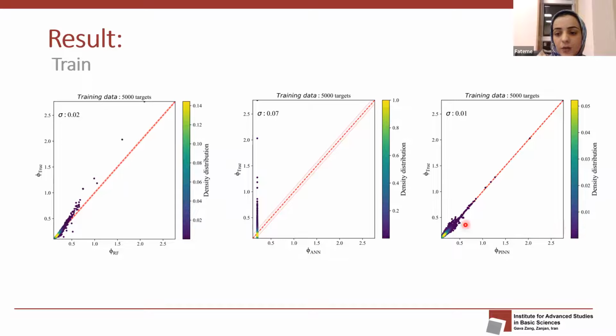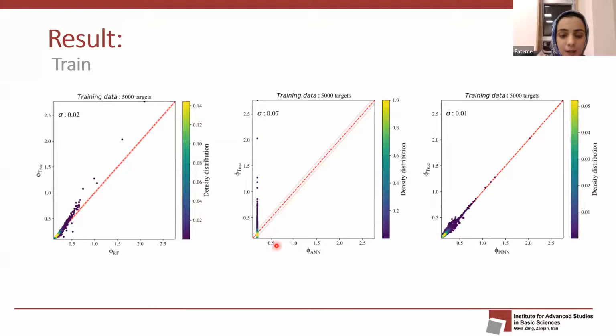Here the right one is the results of the pin-based model, in the middle is the predicted potential of the neural network, and the left one is the predicted potential of random forest. As you can see, the neural network was not trained well at all.